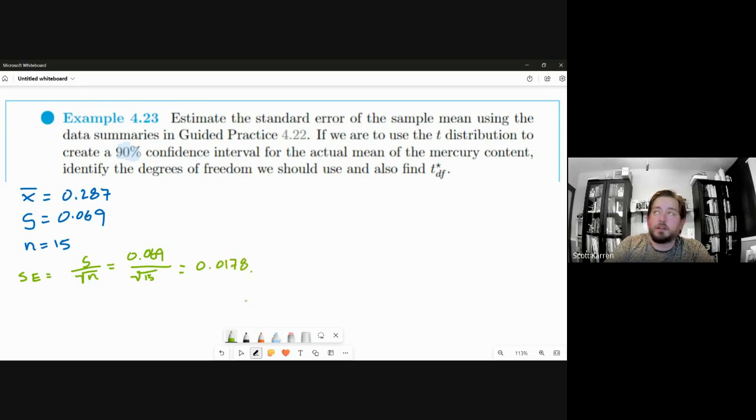So there's our standard error. Since n is 15, the degrees of freedom is 15 minus 1, so 14. Our confidence level is 90%.